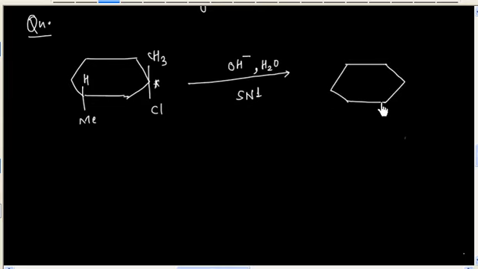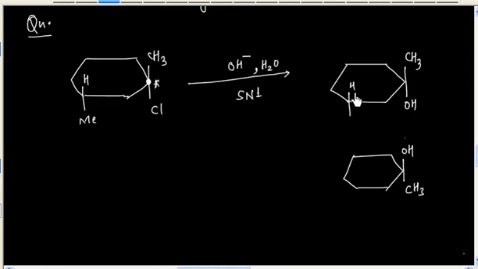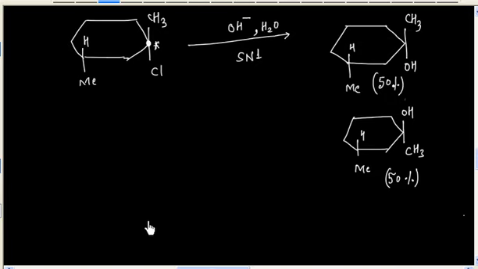Now since we have SN1, at this carbon we will have both product possible. So in one case OH, that is downside, in another case OH, that is upside. And this carbon will have same configuration. So we will have both product in 50-50%. So this is about the stereochemistry of SN1 reaction.